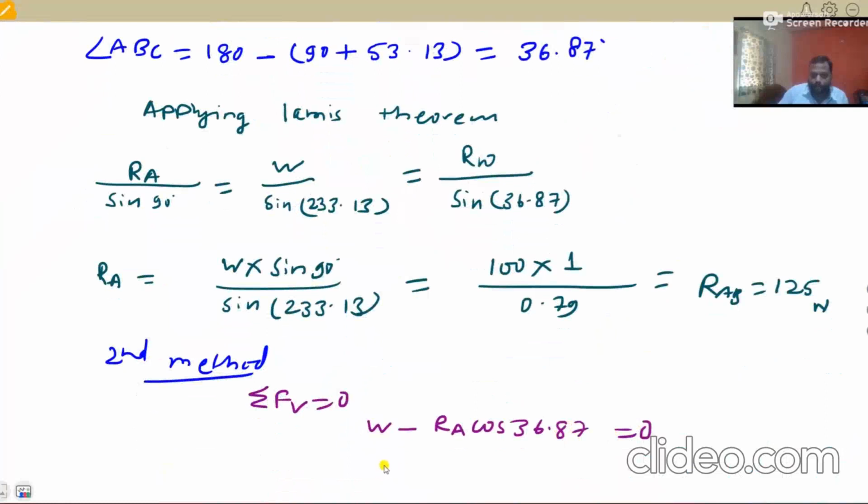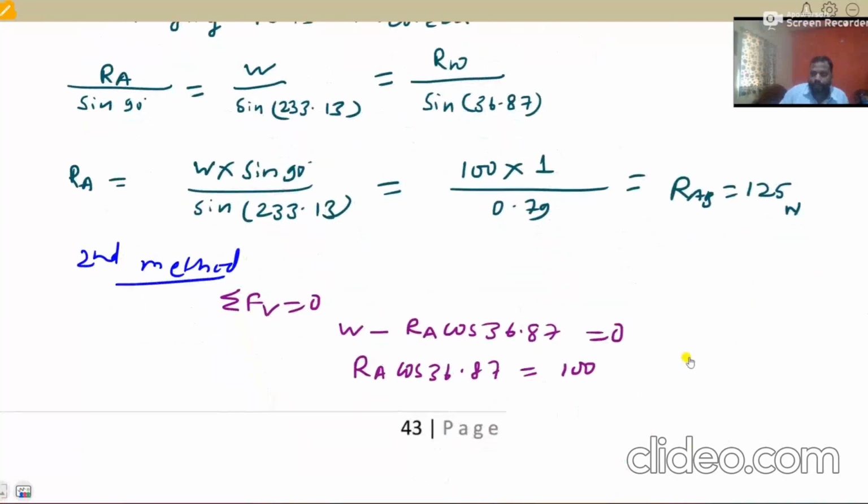So RA cos 36.87 is equal to 100, and RA will be 100 divided by cos 36.87. That will definitely be 125 Newton. This is another method I can use.